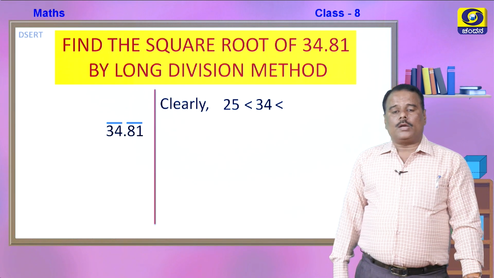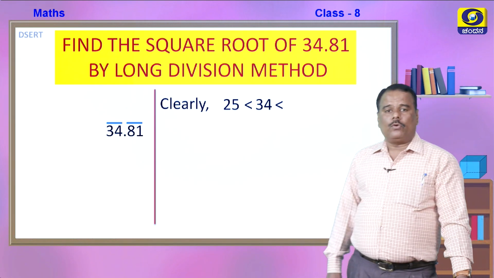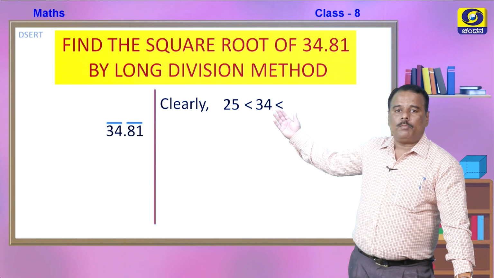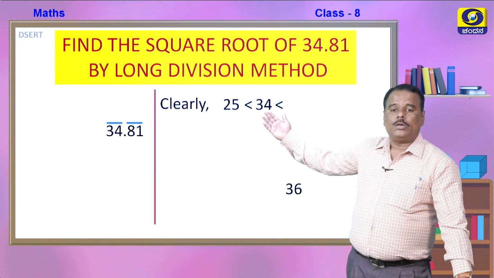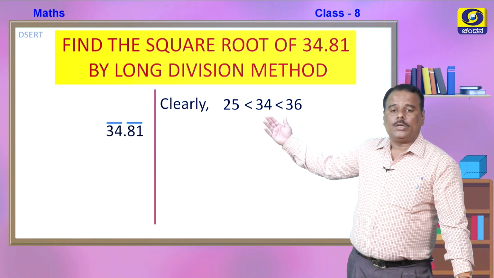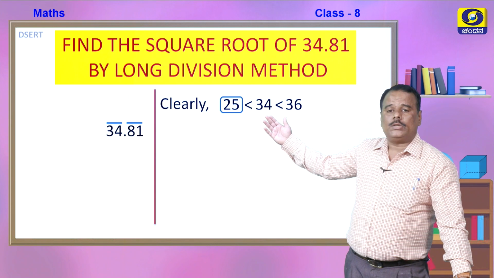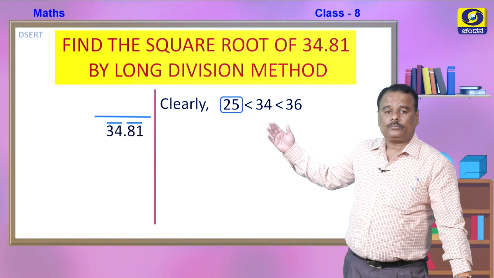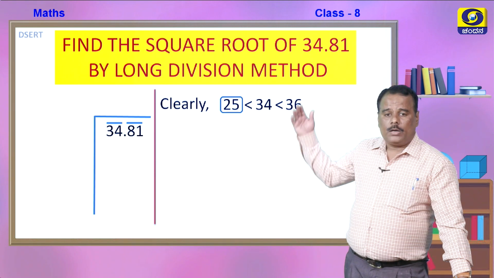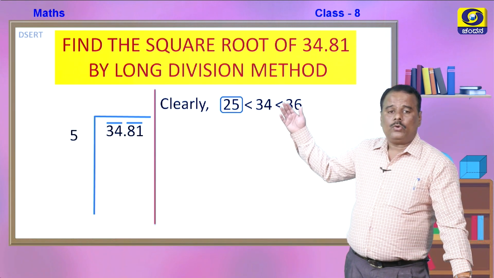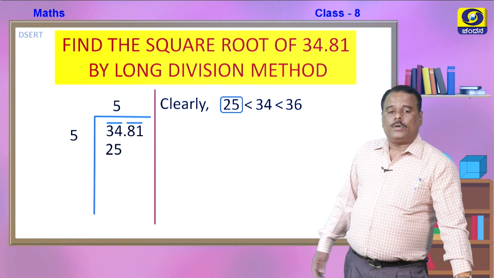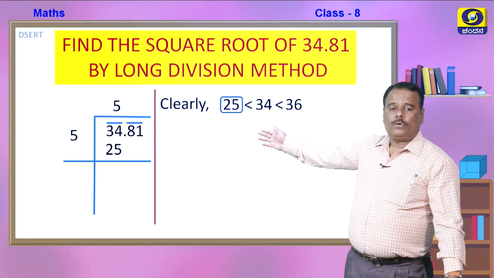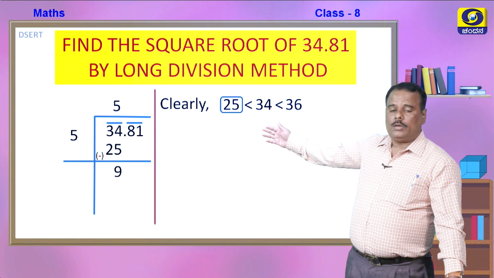So, again we have to consider the first group, that is 34, and you know that 34 is lying between the two perfect squares, that is 25 and 36, and among these 25 and 36 we consider the smaller one, that is 25. So, we multiply 5 with 5 to get 25 and subtract that 25 from 34 to get 9.